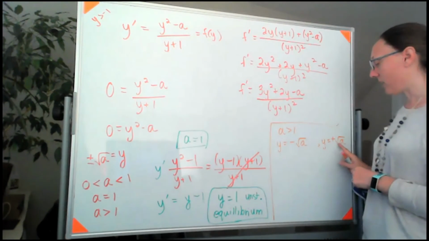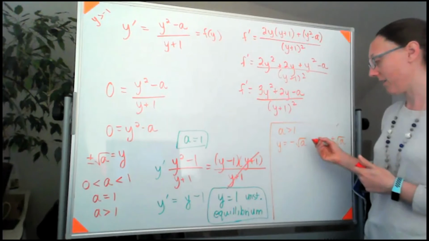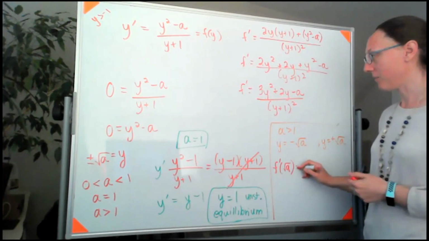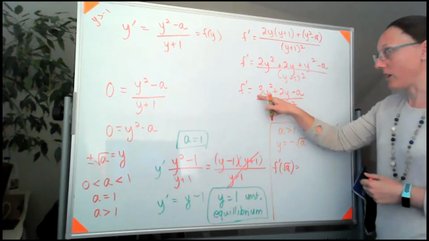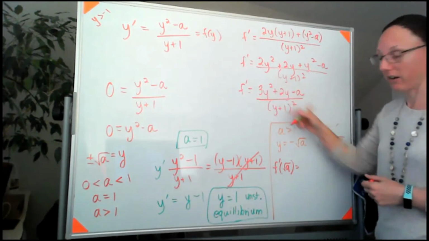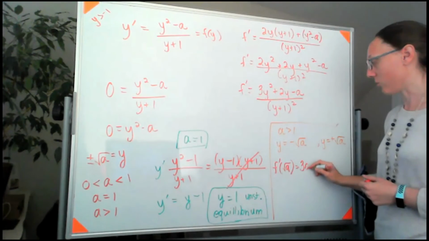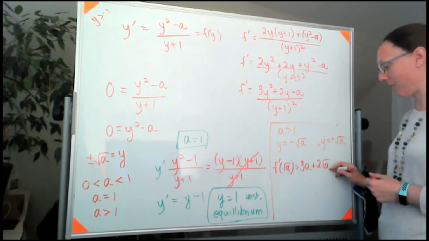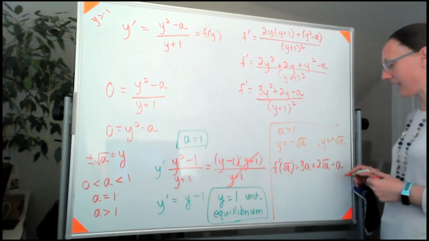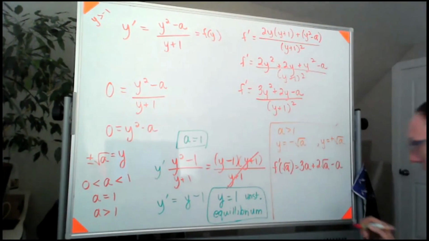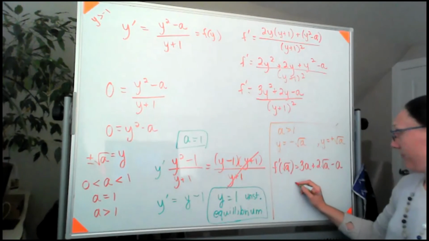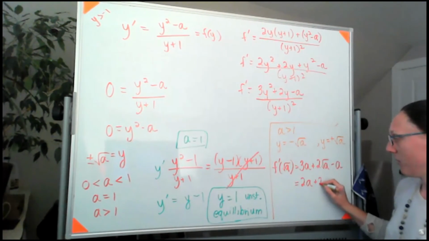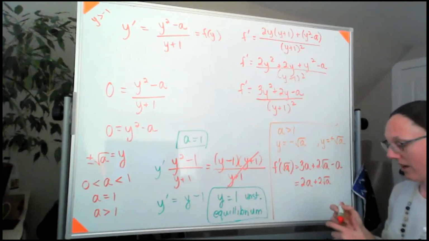If I plug in the square root of a for y, then that f prime of the square root of a looks like 3 square root of a squared. It's going to bring me back around to 3a plus 2 square root of a minus a. 3a minus a is going to be 2a plus 2 square root of a.